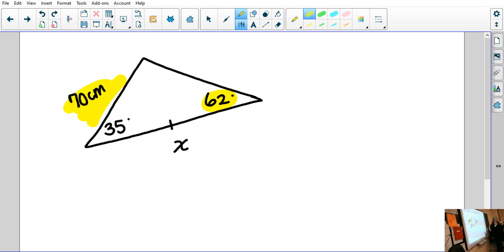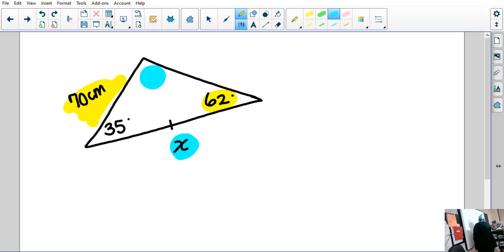In order to use the law of sines formula, if I want to know this x, I would have to know that angle. So I didn't know that angle. They gave me a different angle, but we know that all the angles add up to give you 180.